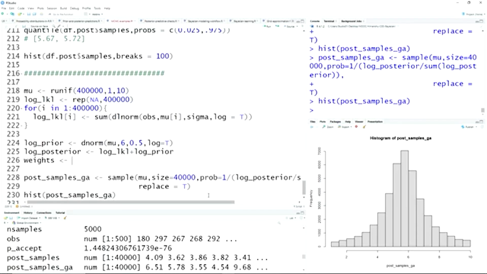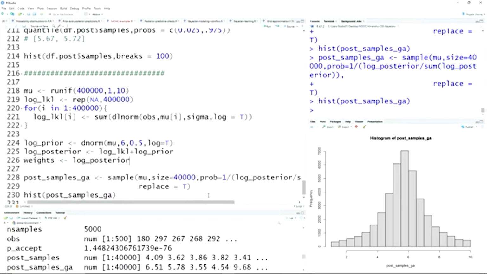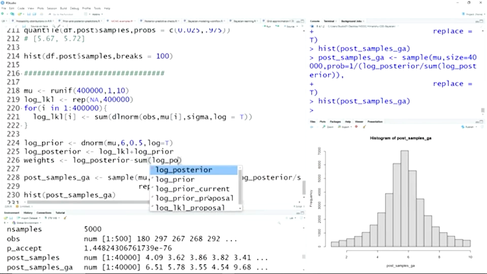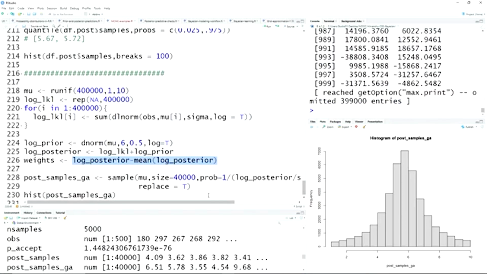So one way could be to subtract something from those. Let's say log posterior minus sum of log posterior or something. So basically here what I'm doing is scaling them like this, and what would this do?